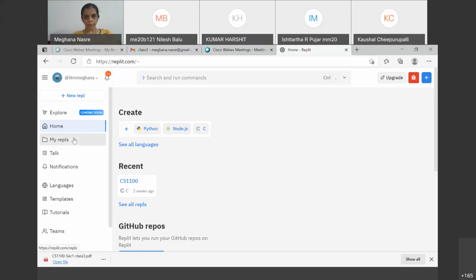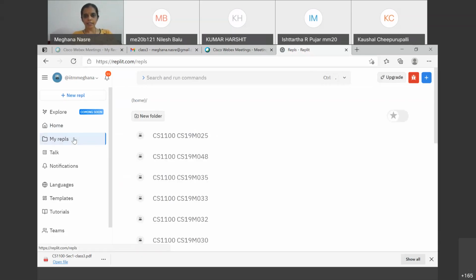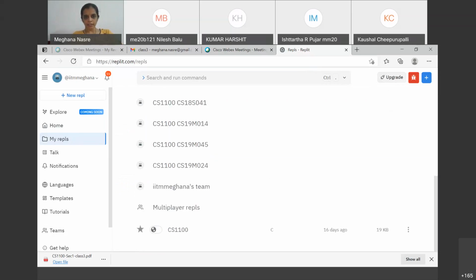And if you go to my REPLs, these are some REPLs. You don't have to worry about these folders that I have. They are created for our labs. I am going to say that I want to create a new REPL.